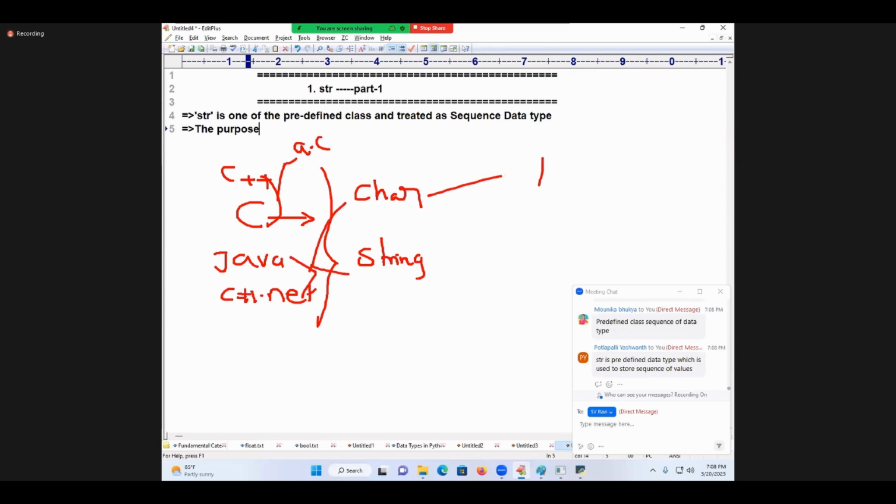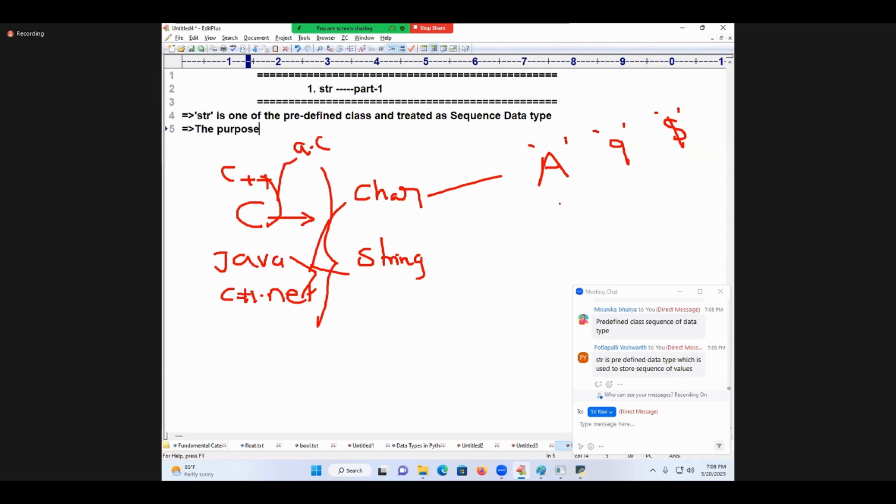What is a char? Any single value enclosed within single quotes is called char. Even a digit enclosed within single quotes is called char. Any special symbol enclosed within single quotes is called char.